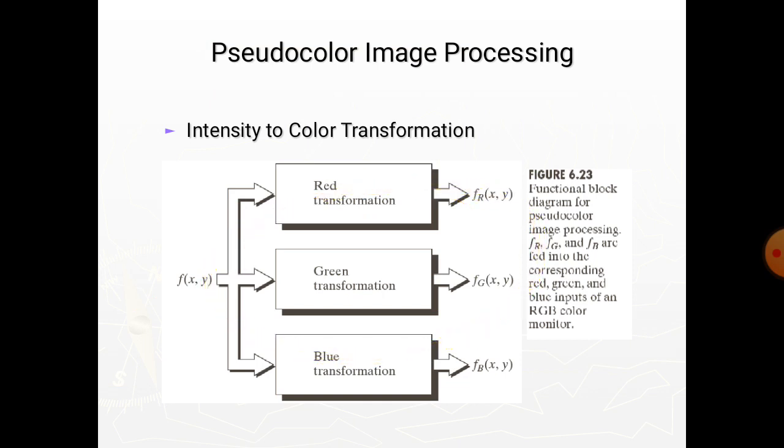Basically the idea underlying this approach is to perform three independent transformations on the intensity of any input pixel. The three results are then fed separately into the red, green and blue channels of a color television monitor. This method produces a composite image whose color content is modulated by the nature of the transformation.